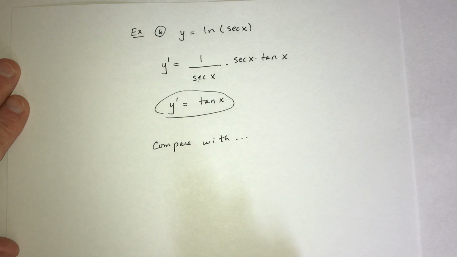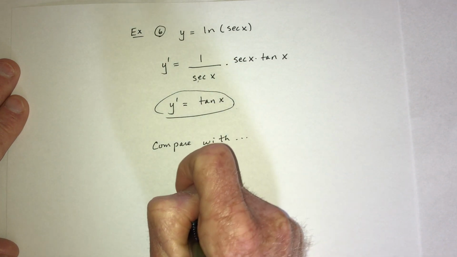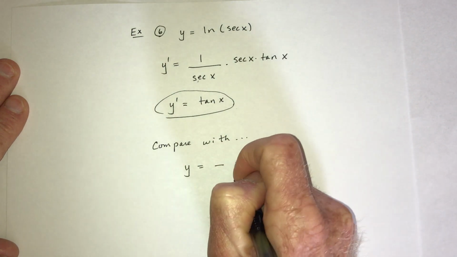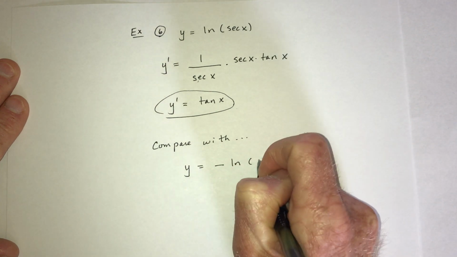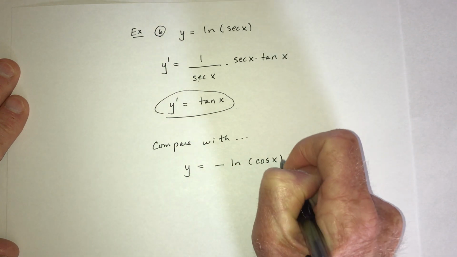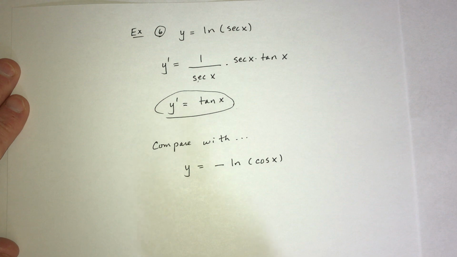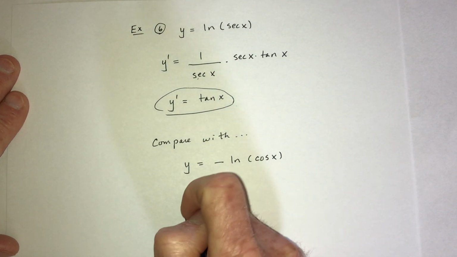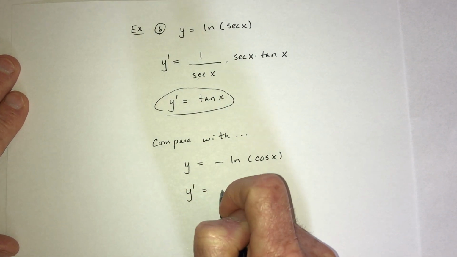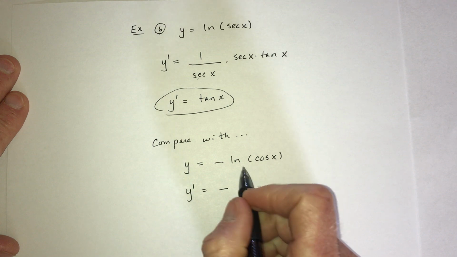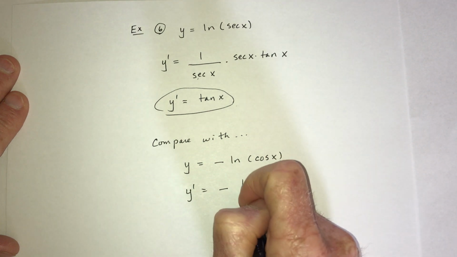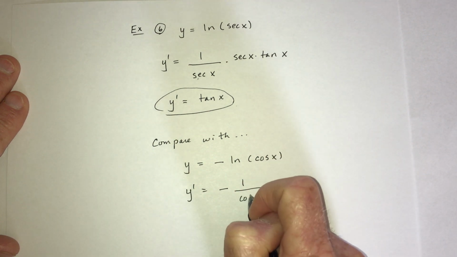Now, compare that with this problem. If y equals negative natural log of cosine, what's the derivative? Okay, so y prime equals, the negative can stay there. The derivative of natural log is 1 divided by whatever's in the parentheses.